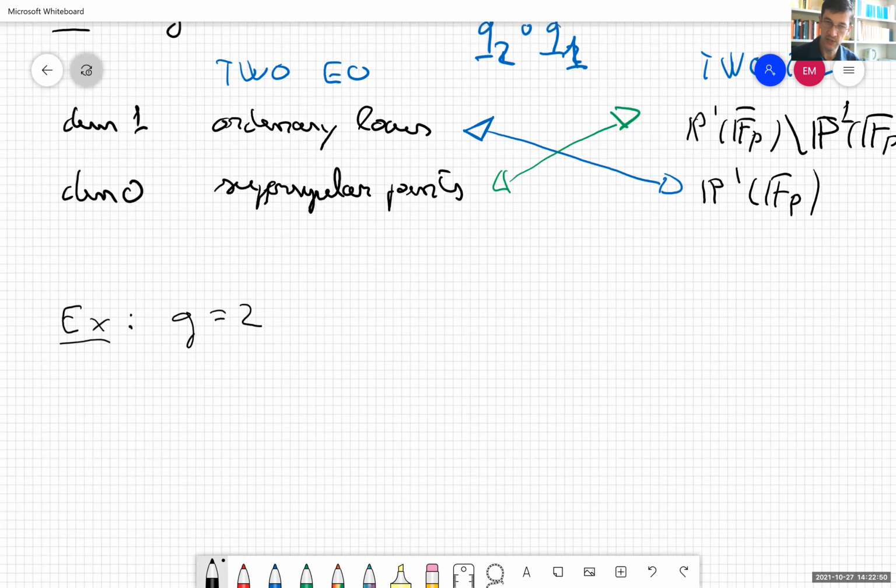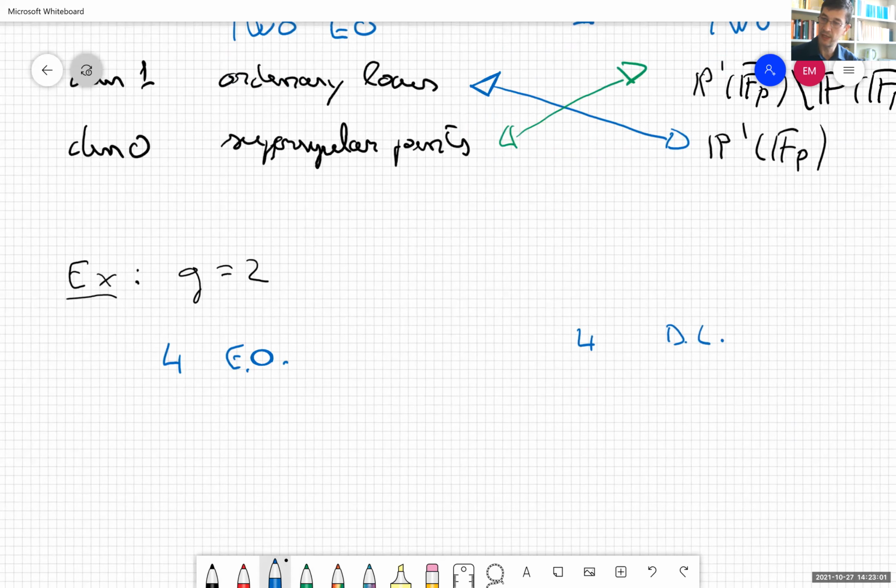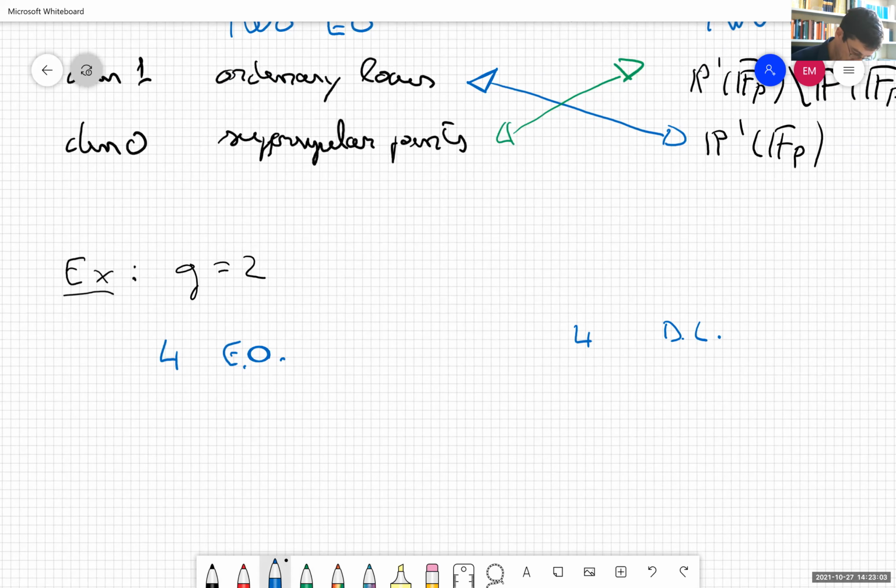Let's see if something can be said for higher dimensions. So let's see the case g equal 2, and in this case there are 4 Ekedahl-Oort strata and also 4 Deligne-Lusztig strata. So that's already a nice coincidence. And so you have the dimension: A_2 is a threefold. And you have the open locus, which consists of ordinary abelian varieties. Then you have a dimension 2 locus.